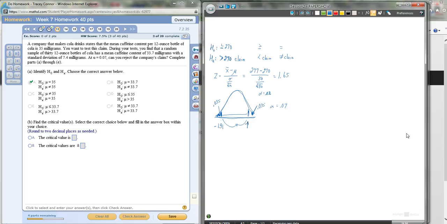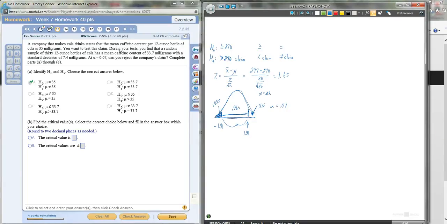Because it's symmetric, this is 1.81. If you wanted to find it, you would need the area to the left here. So if we took 1 minus 0.035, we find that this area to the left from here to here is 0.965.